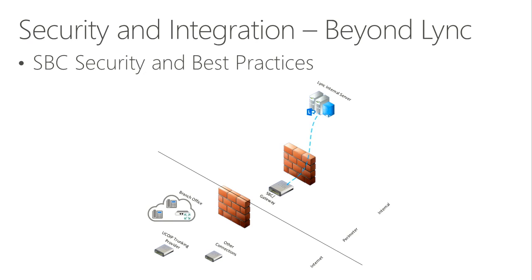So now beyond Lync. We have this branch office here connecting to our SBC, maybe it's IPPX, some other legacy device that we're utilizing here. We have our actually supported SIP trunking provider here. You don't trunk right to Lync, do you guys? Good, I'm glad nobody raised their hand.